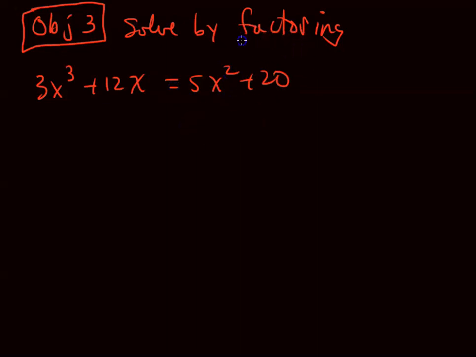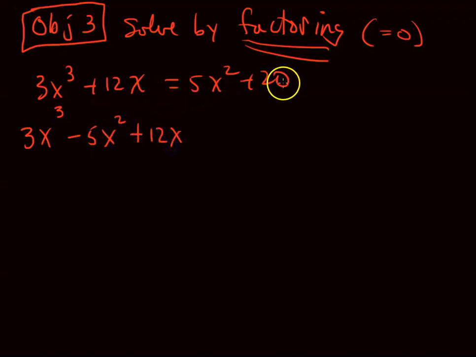Well, factoring really means we got to get things equal to 0. So let's write this in decreasing powers of x. 3x cubed, I'm going to bring this 5x squared over as a negative 5x squared, plus 12x. Subtract the 20 from both sides to get 0.